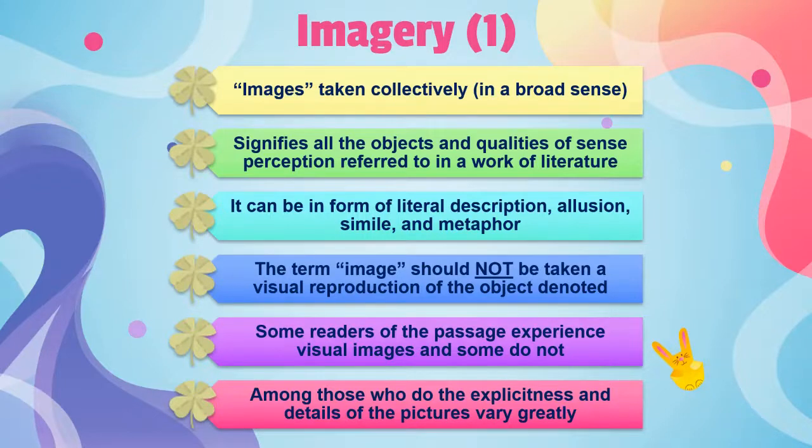So even if you make a visual image, your visual image might be totally different from another reader's visual image. So visual images are not fixed, and because of this, the proponents of this usage of imagery think that we have to broaden the sense.